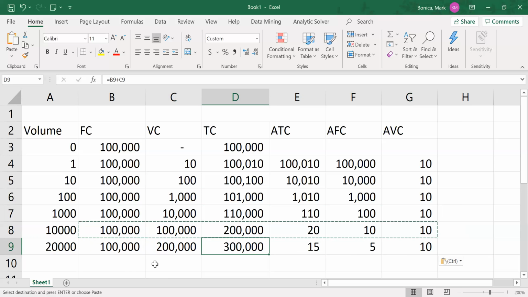Relative to the 100,000 we had when we just opened the doors. But if we look at it, we have now driven our average total cost down from $110 for one unit to $15 per unit, if we can push ourselves up to 20,000. So this is, again, a demonstration of this idea of economies of scale, right?